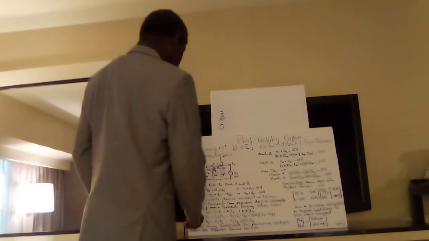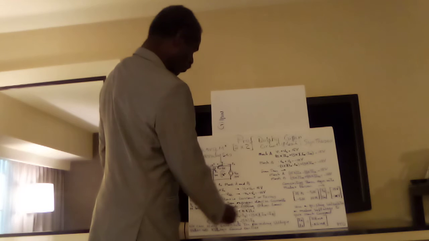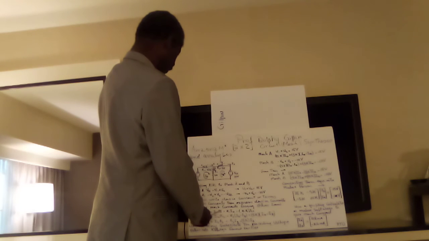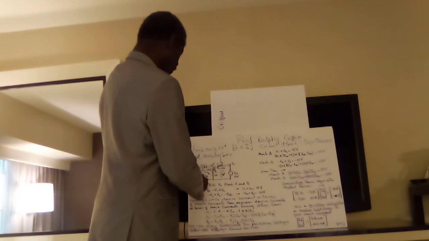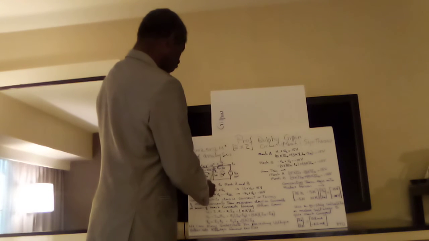Next, we write the device current in terms of mesh current, and then express device voltage in terms of mesh current using Ohm's law. So using Ohm's law, we know that V1 is equal to I1 R1. So here's V1 equal to I1 R1. V2 is equal to I2 R2, and R2 is equal to 5 kilo ohms.